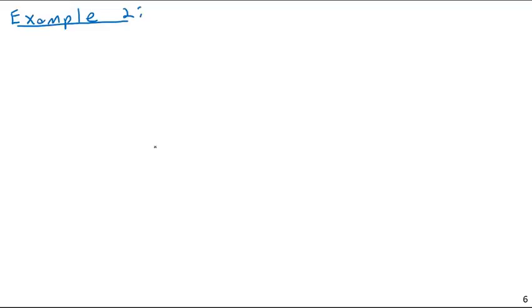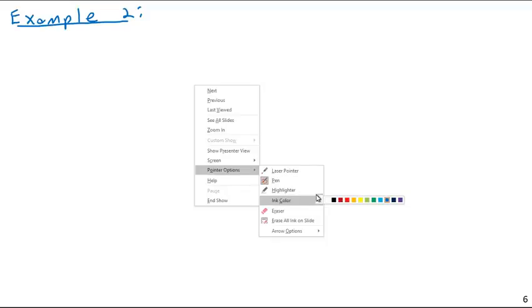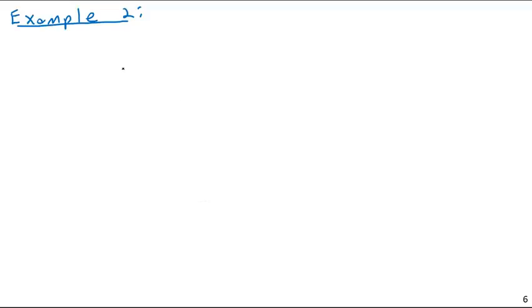Okay, so let's see. This time I'm going to do something with a hole in it. I'm going to have a hollow cylinder, like this, with a drilled hole through the middle, going all the way along the shaft.